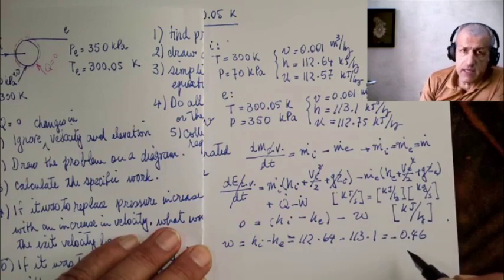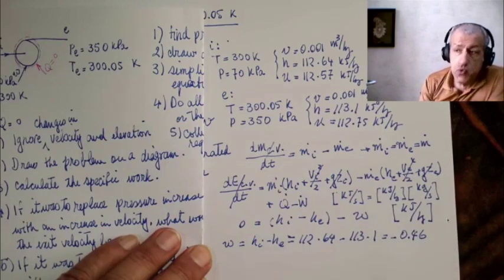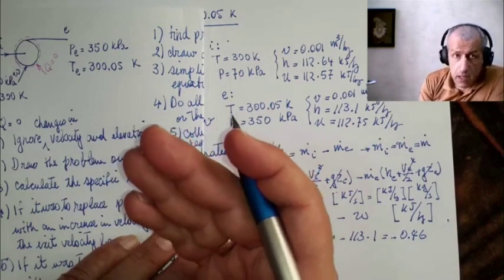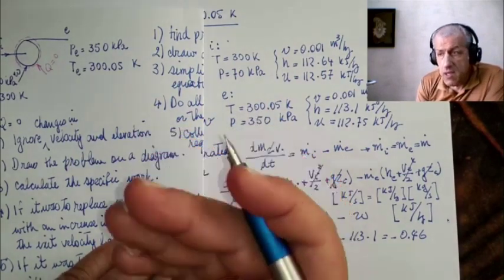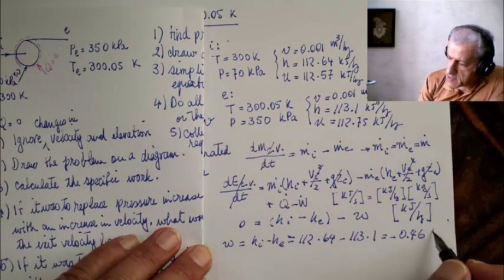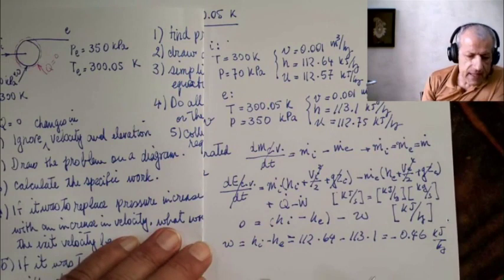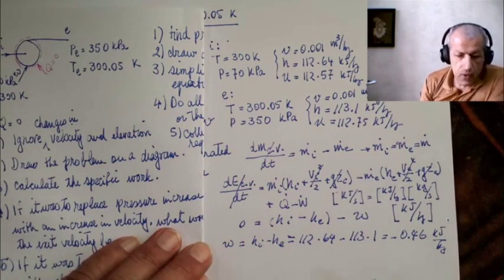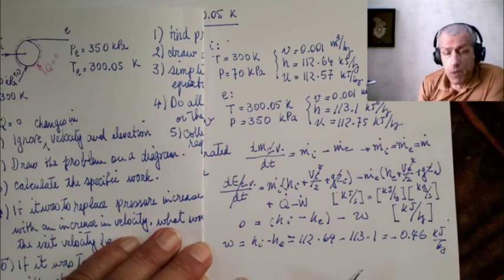The minus sign tells us that we have to do work, which is correct. For pumping a liquid, we have to do work on it. So this is minus 0.46 kilojoules per kilogram. That's the value for the pump work.